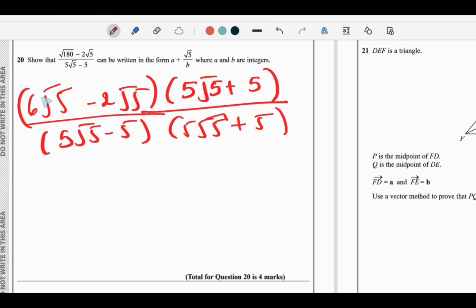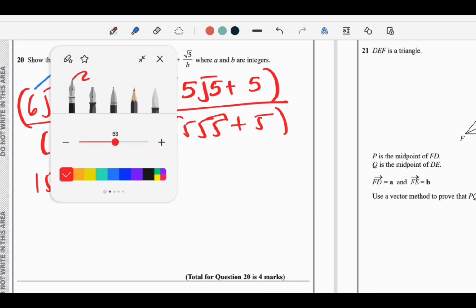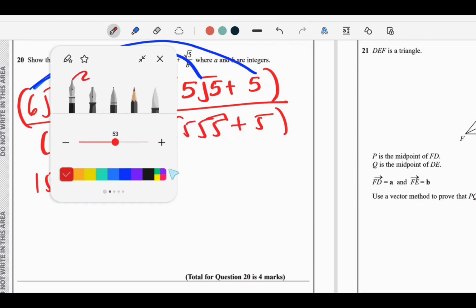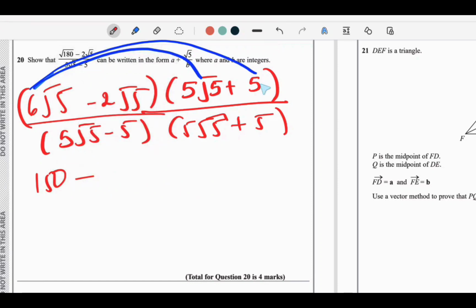So 6 root 5 times 6 root 5, well, 6 times 6 is 36, and then root 5 times root 5 is 5, so 36 times 5 is 180, minus, I'm going to have to indicate this, that this is what I'm multiplying out so that you see it. And now I'm doing 6 root 5 times 5, which is 30 root 5.